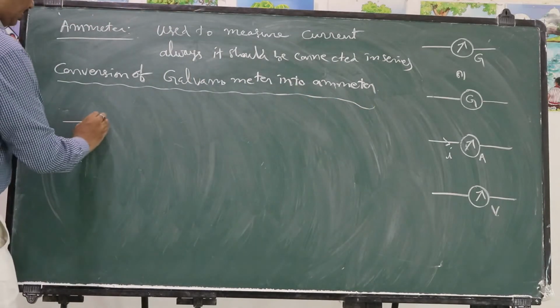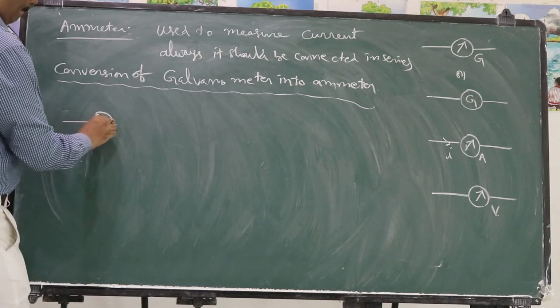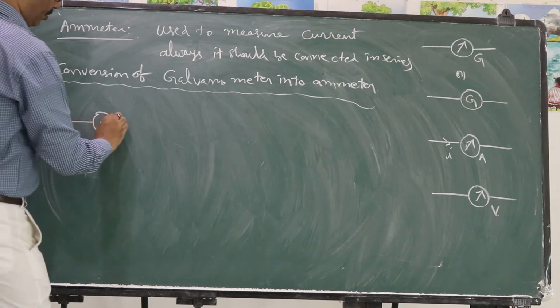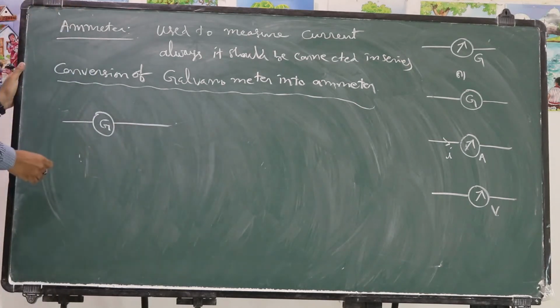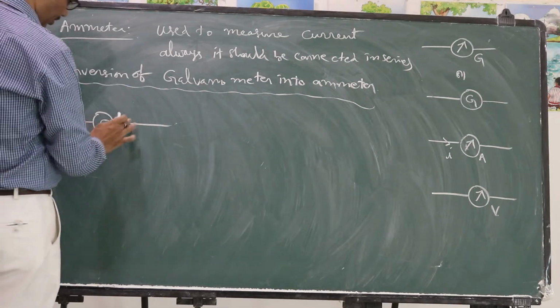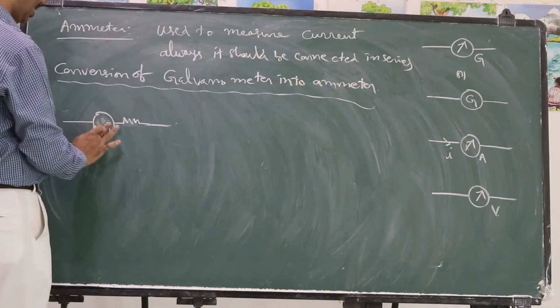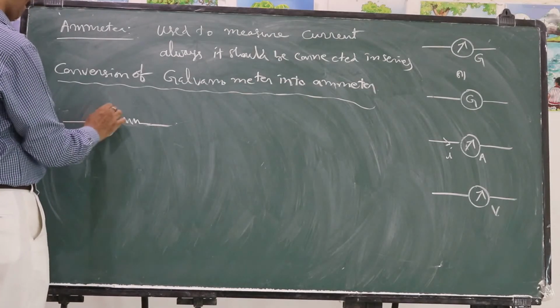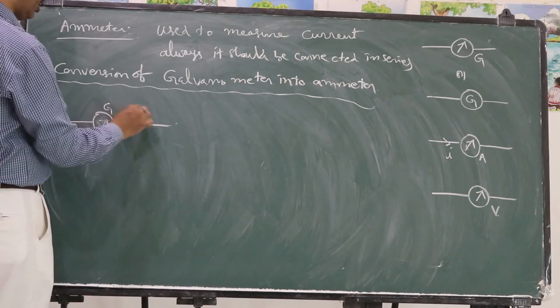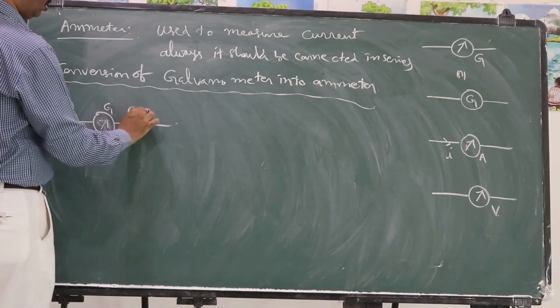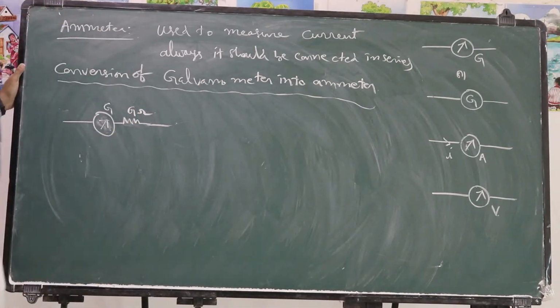So here is a galvanometer. Galvanometer can have certain resistance. Let me show the resistance of the galvanometer separately. This is the galvanometer. Its resistance, let it be G ohms. G ohms is the internal resistance of the galvanometer.